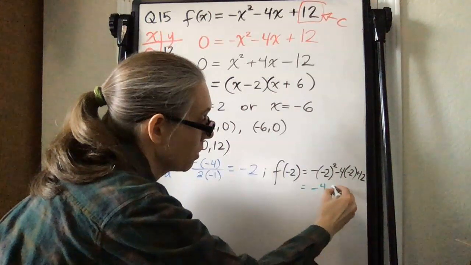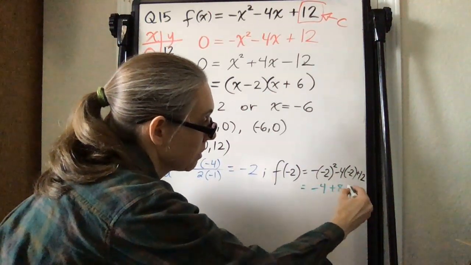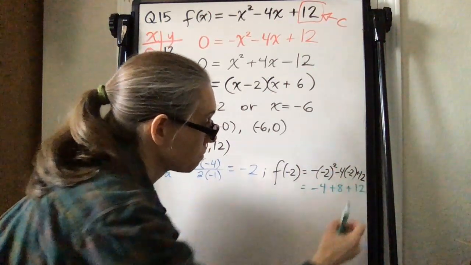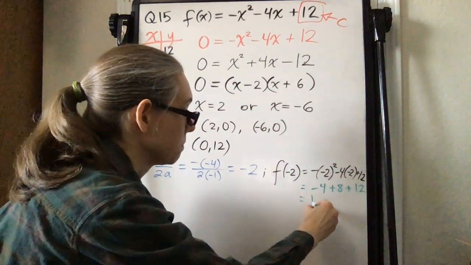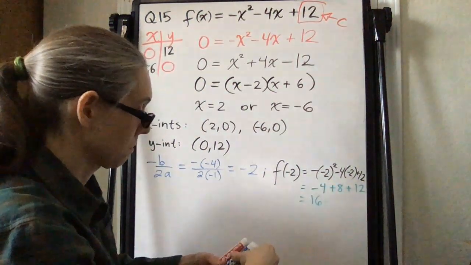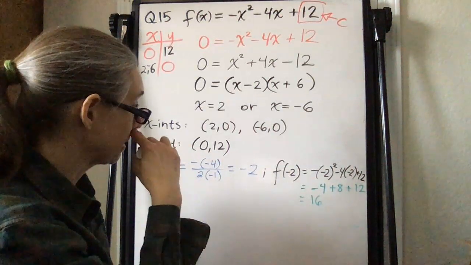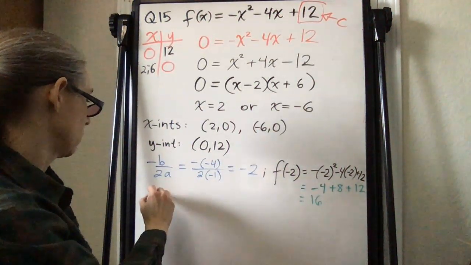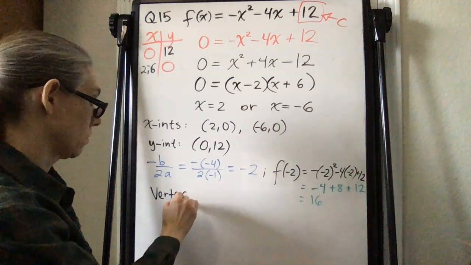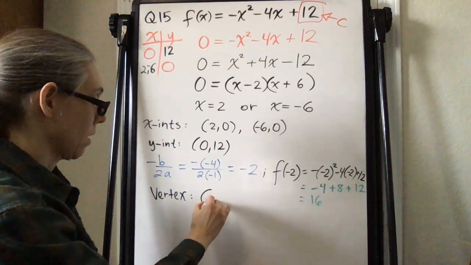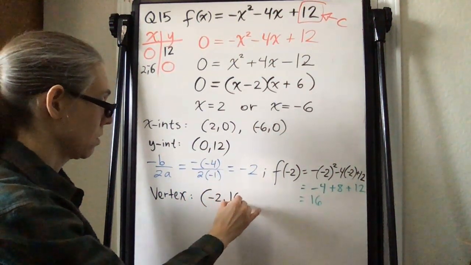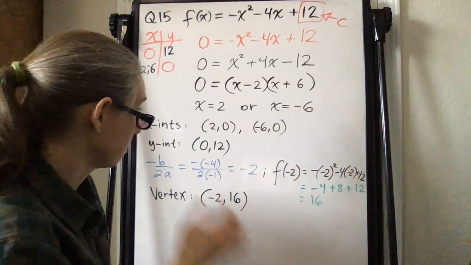That's a negative 4 plus 8 plus 12, which is 16. So that means that my vertex is at (-2, 16).